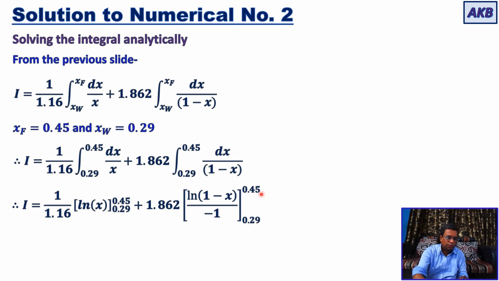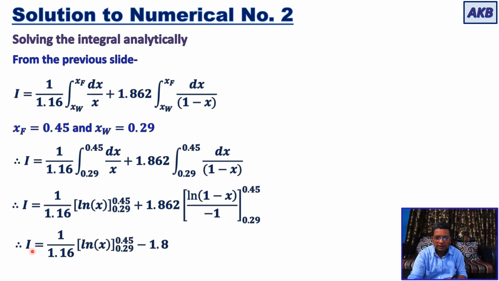Therefore, I is equal to 1 upon 1.16 times ln of x with limits 0.29 to 0.45. Now this minus and minus becomes plus, so minus 1.862 ln of 1 minus x with limits 0.29 to 0.45.